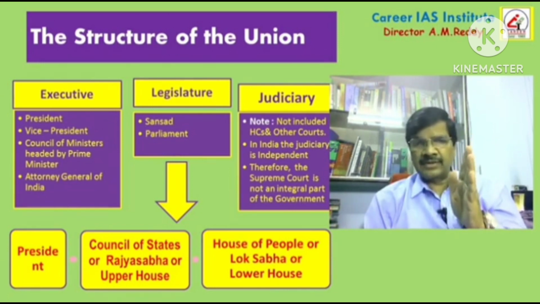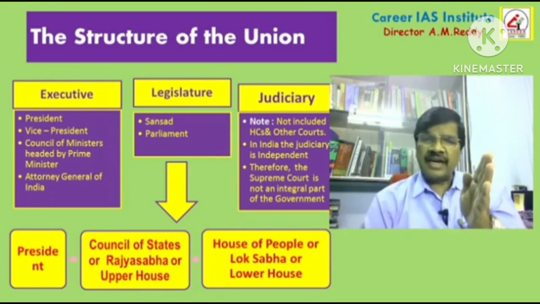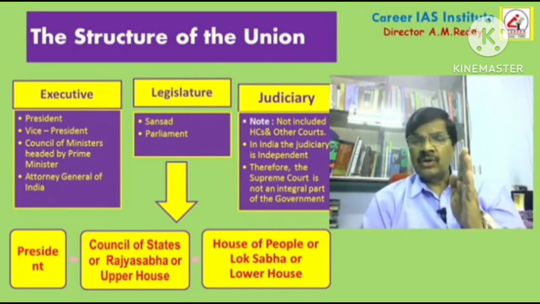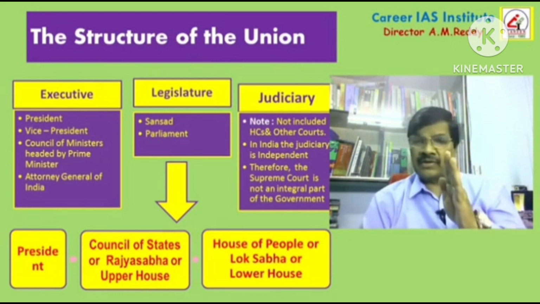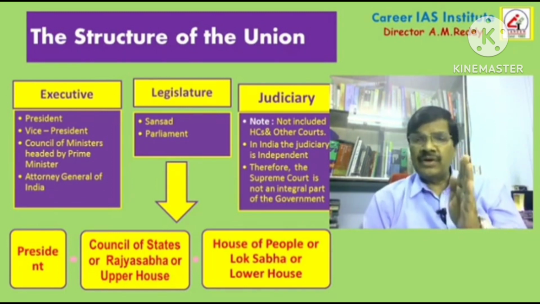These are related to the union executive. Then union legislature means the parliament. The provisions relating to the parliament are from article 79 to 122. Strictly speaking 123, but there is a difference, I will explain.